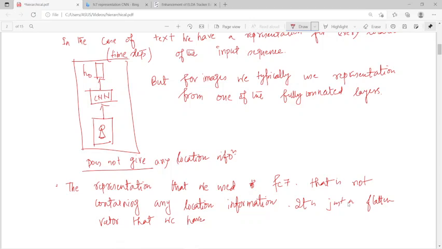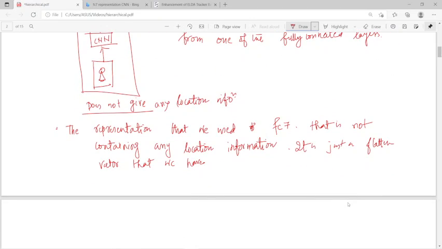So if we do not have any location, how do we give attention on location? Because we have to give attention, like say a child playing with a football. Let's say I want to give attention only to the football, right?